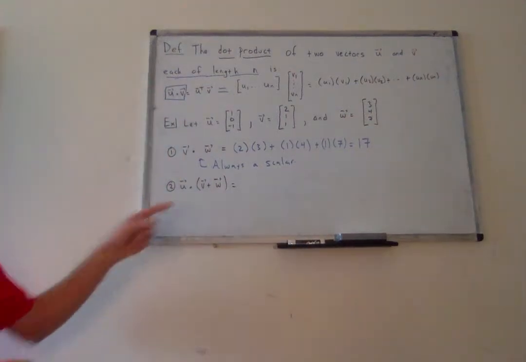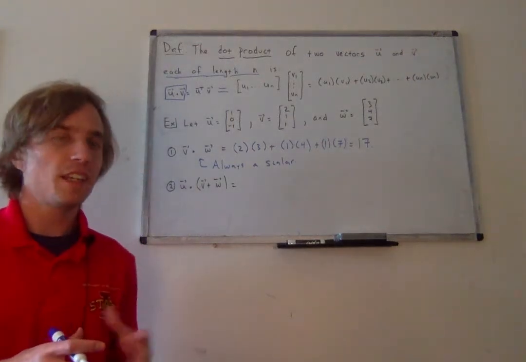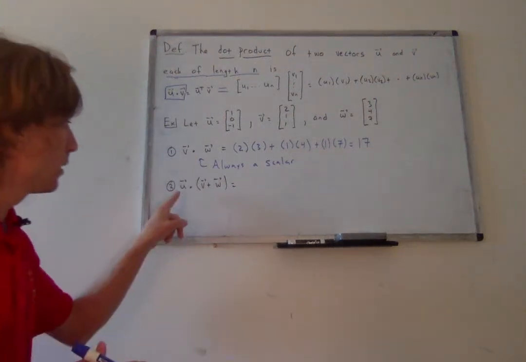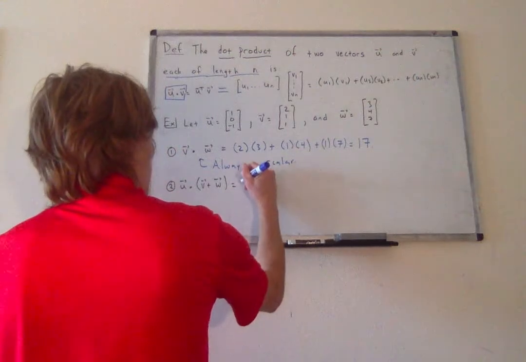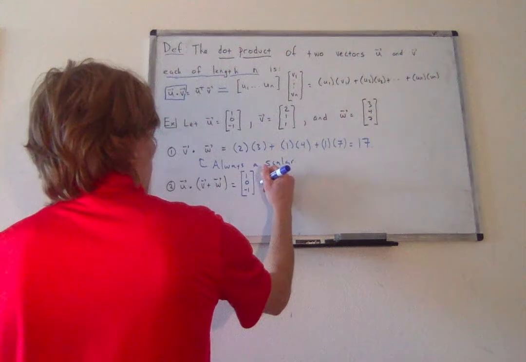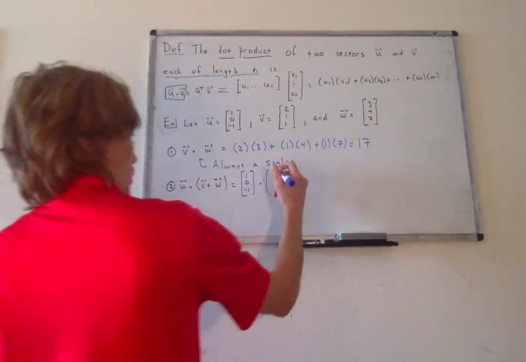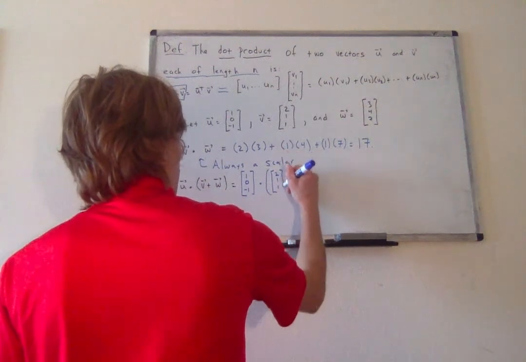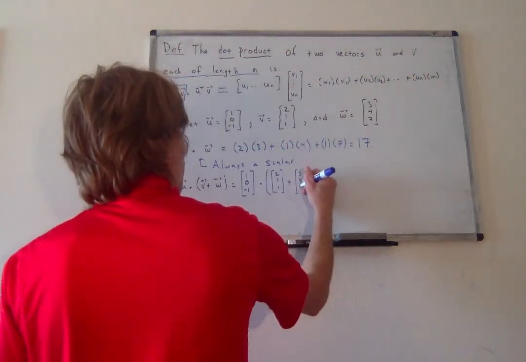So I'm going to do this in 2 ways to sort of hint at a vector dot product property that we will soon see. u dot (v plus w). Doing this in the exact way, we get that this is equal to u, which is 1, 0, negative 1, dot (2, 1, 1 plus 3, 4, 7).